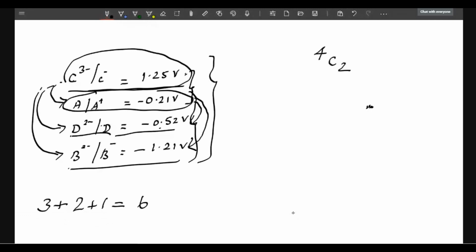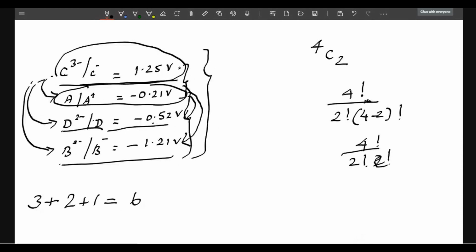What do you call it? 4C2, the combination formula: 4 factorial divided by 2 factorial times (4 minus 2) factorial. What is the answer? 6, sir. Yes, that is the correct one.